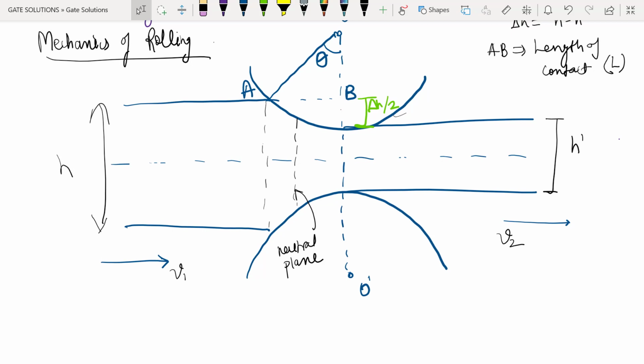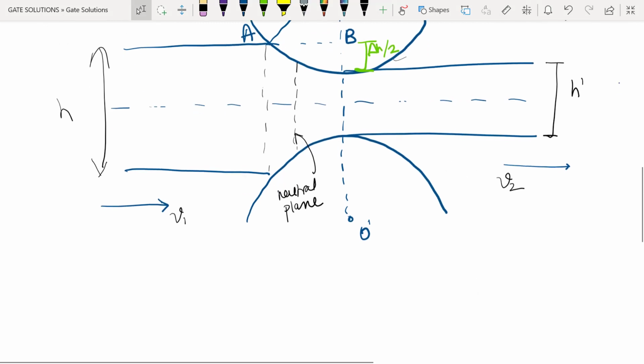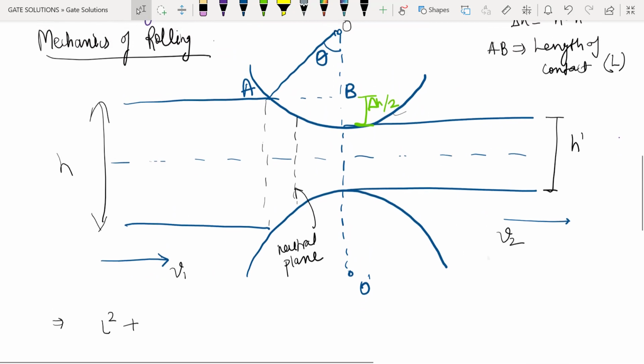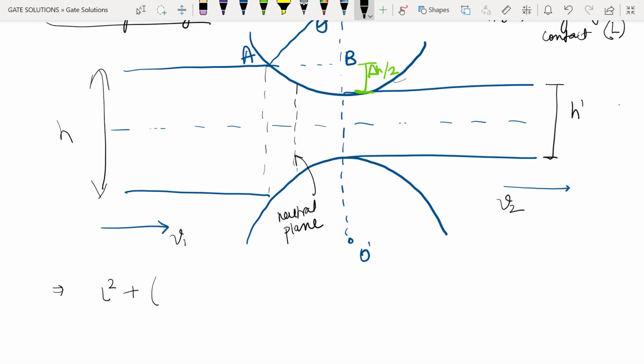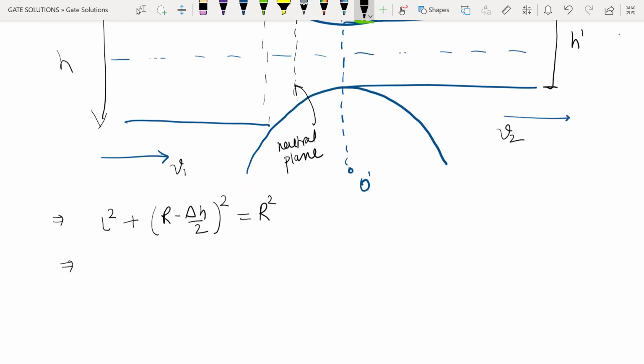So from geometry, if we apply the Pythagoras theorem to this triangle OAB, then we will get L square plus r minus delta h by 2 whole square is equal to r square. This implies, if we open the bracket, L square plus r square plus delta h square by 4 minus r delta h is equal to r square.